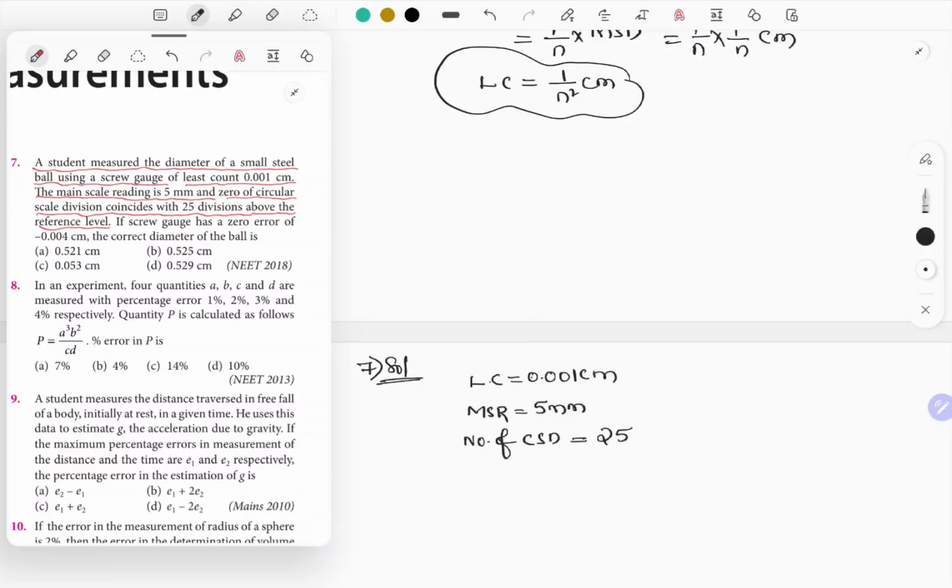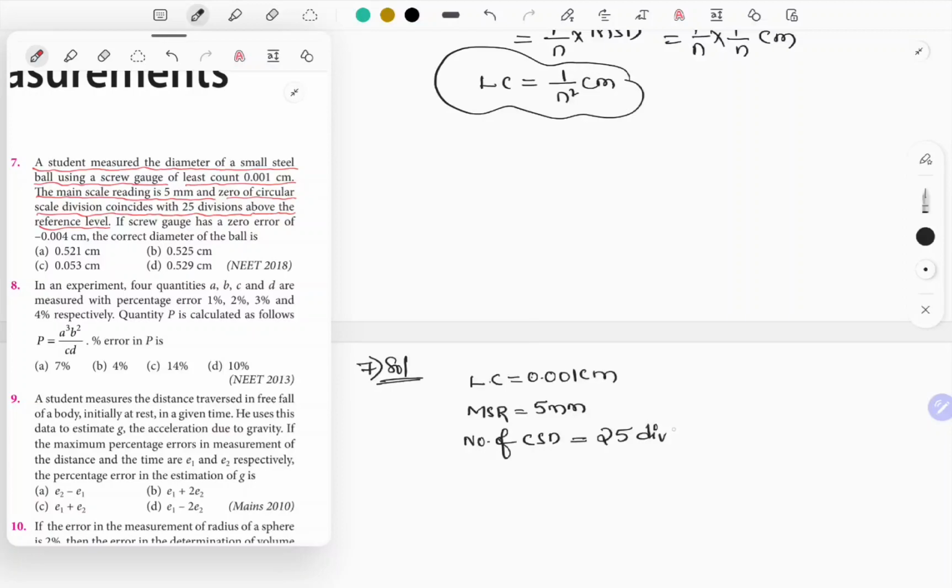I mean the number of scale divisions which are coinciding. Which division? The number of divisions which are matching with that 0 of circular scale. That's what they have given. It is equal to 25 divisions.